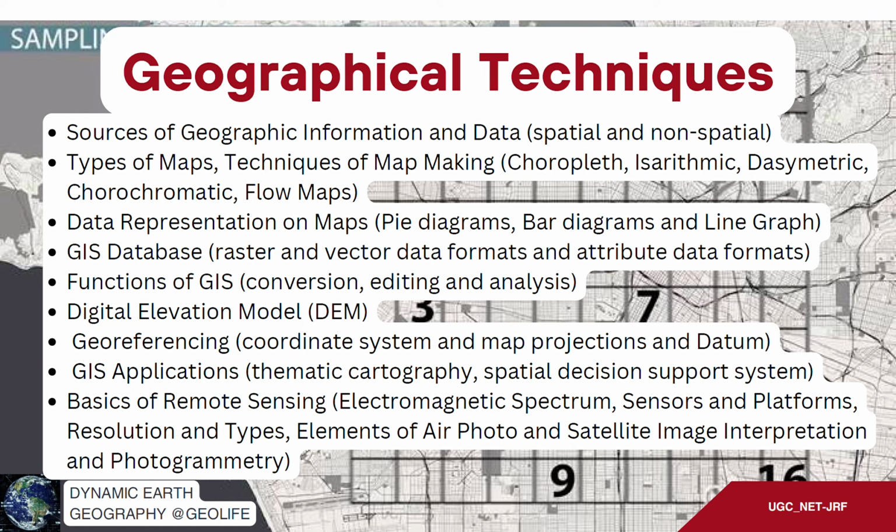Then GIS applications like thematic cartography, spatial decision support system, and the basis of remote sensing like electromagnetic spectrum, sensors and platform, resolution and types, and elements of air photo, satellite image interpretation, and photogrammetry are also important in geographical techniques.